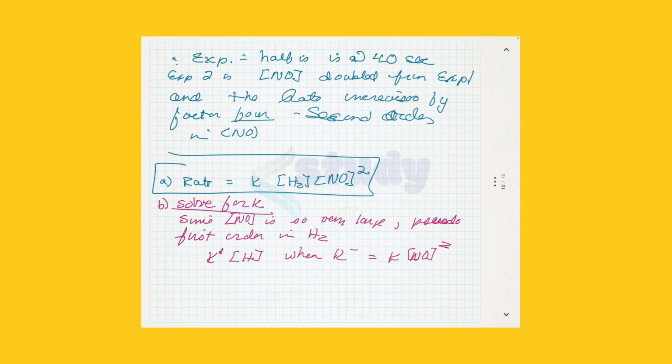So for the first order reaction, our integrated rate law will be ln of [H2] over [H2] original equals negative kt. And we can use any set of data.